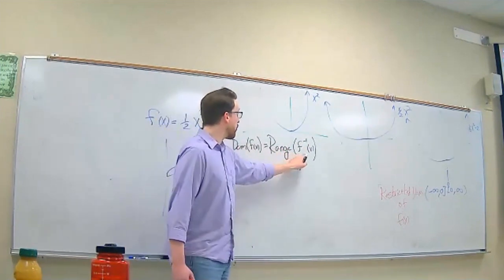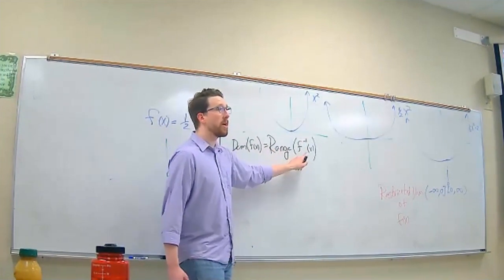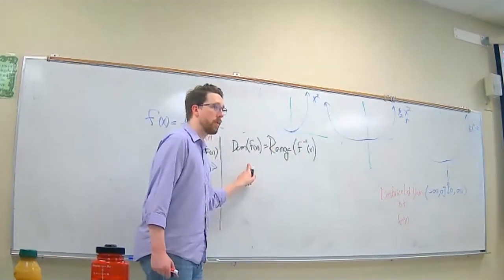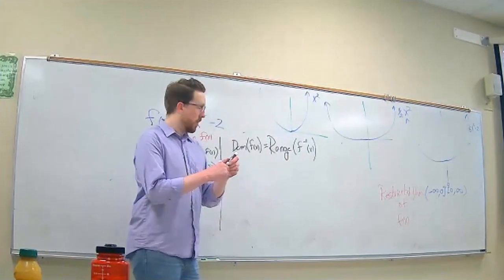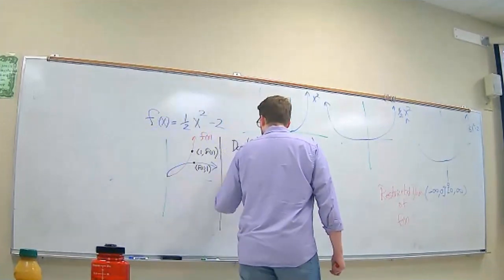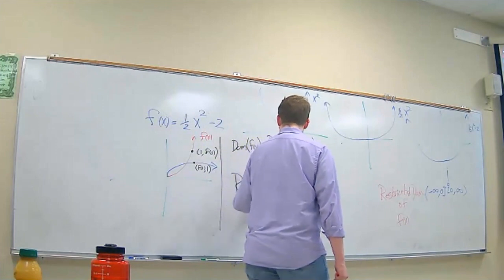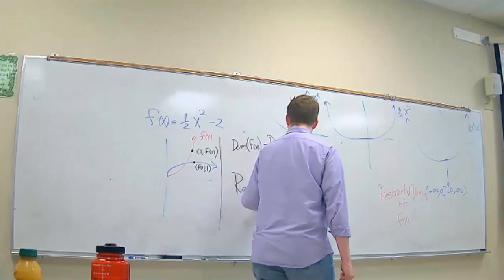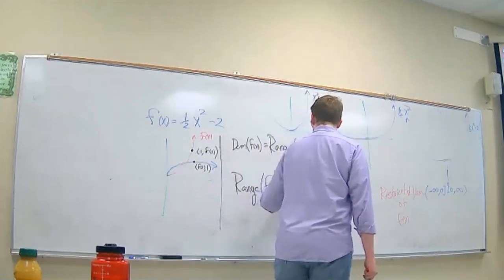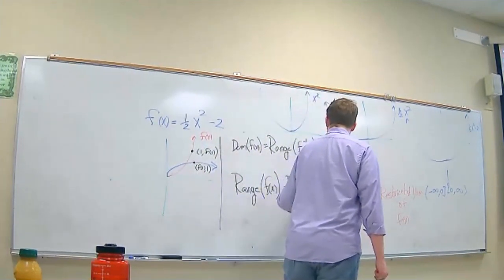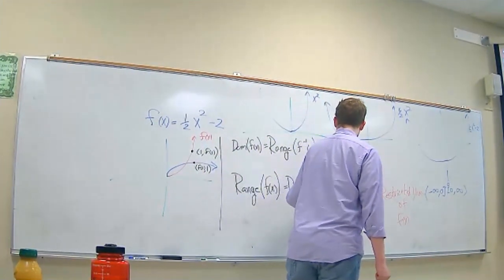And the range of your inverse function has to be the domain of your original function. Oh, okay. So this is supposed to be the same as this, right? So this is a range. Inverse.